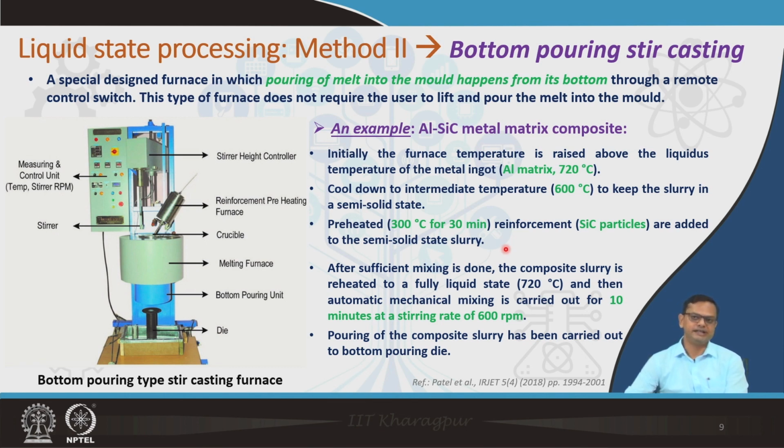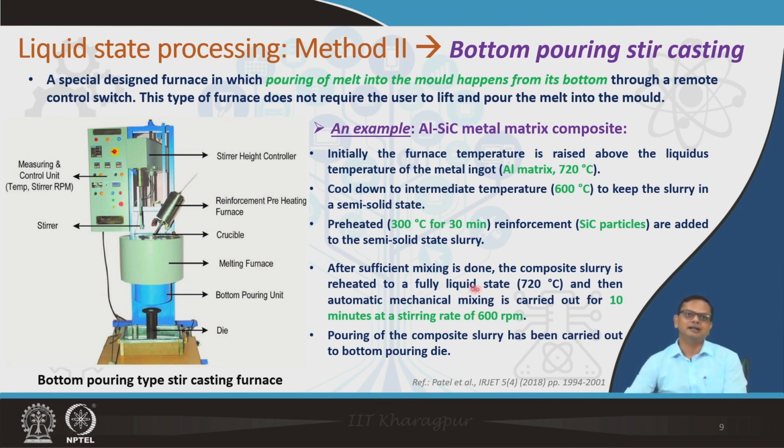If you preheat, it will not have any absorbed gas. Also, because of the higher temperature of the particles, when they go into the melt there is less residual stress, so it does not crack the reinforcement particles.